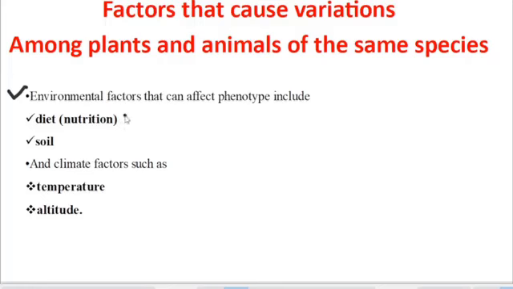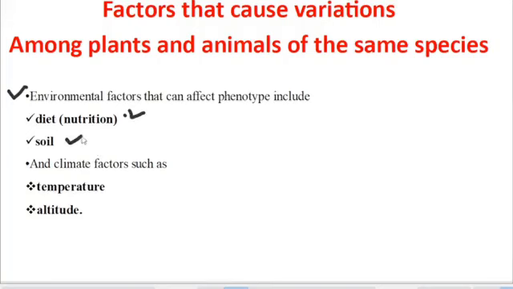For example, diet, which is nutrition. If you remember, under height, we said this is normally affected by environmental factors such as nutrition. If a person is taking in a poor diet, their growth will be affected.